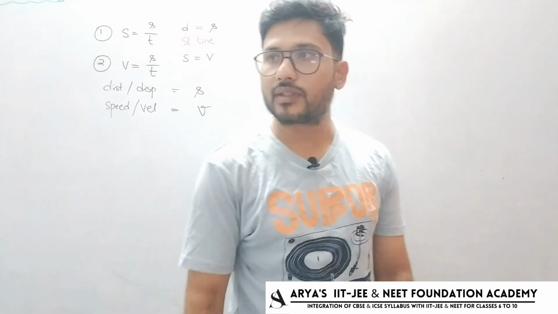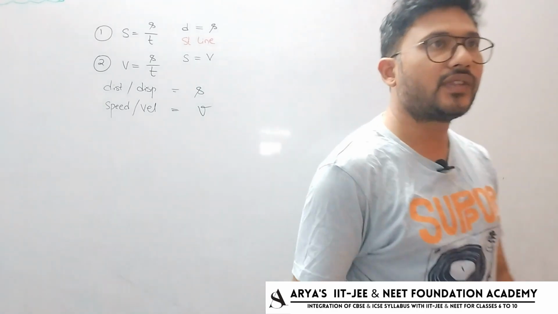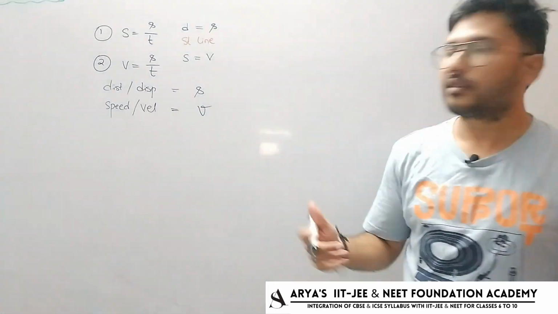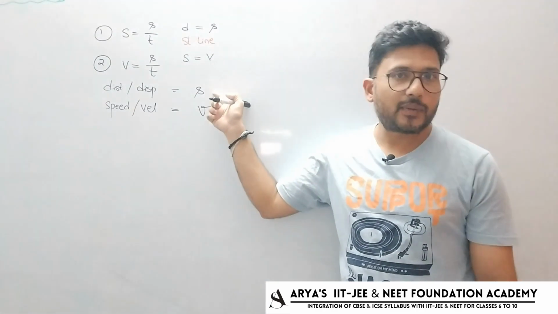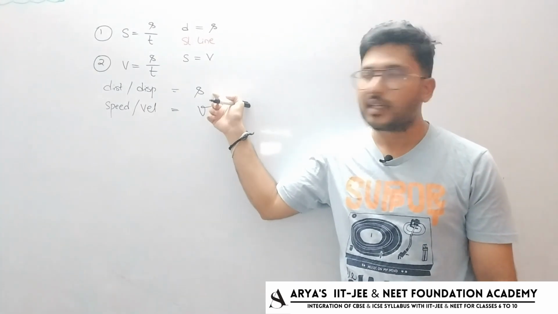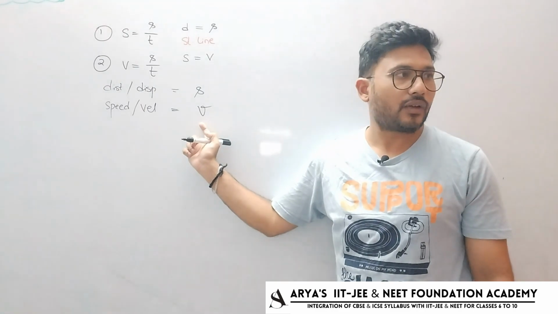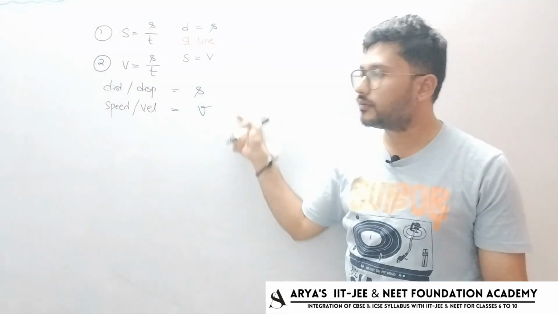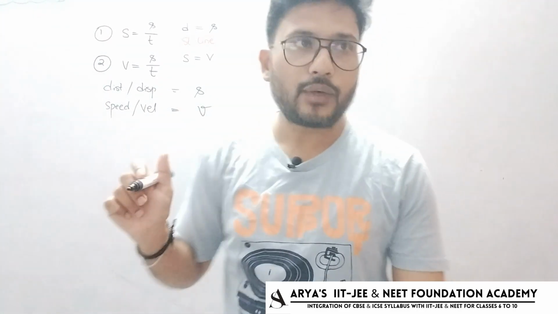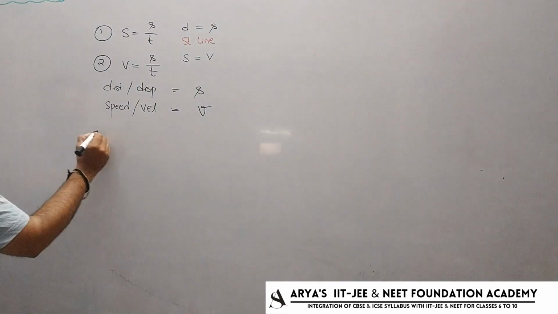So from now onwards, in any question, if we see distance, mention it with S, displacement also with S, speed with V, velocity also with V. Any doubts till now? Right. Then we have another formula, acceleration.